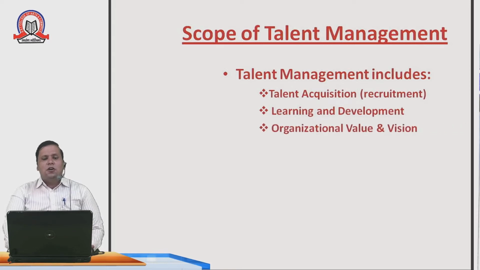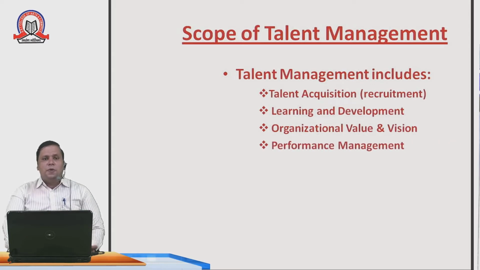Then comes organizational value and vision. Everything that is done under the umbrella of talent management is done for the organizational value and vision of the organization. It is never done for a person or a personal view or a personal gain. It is always for the organizational view, organizational mission.